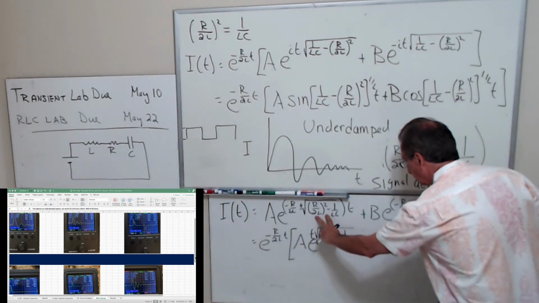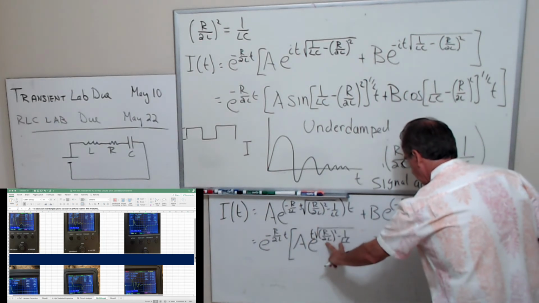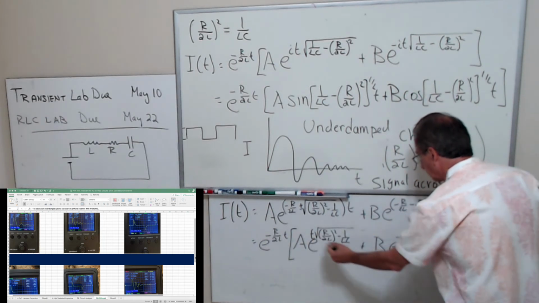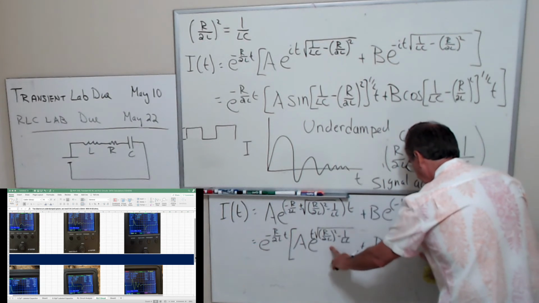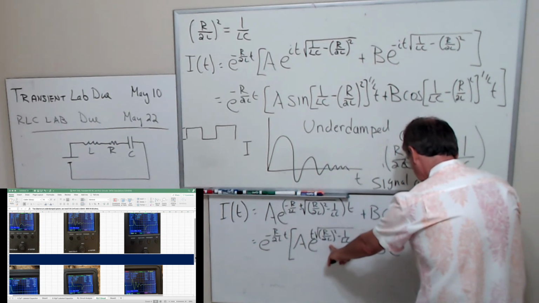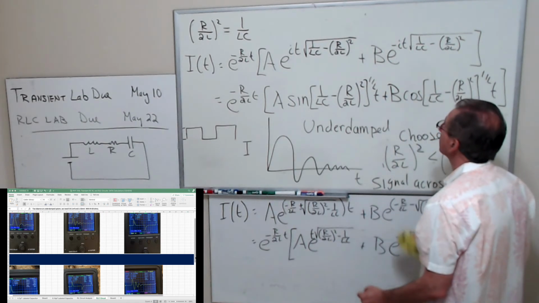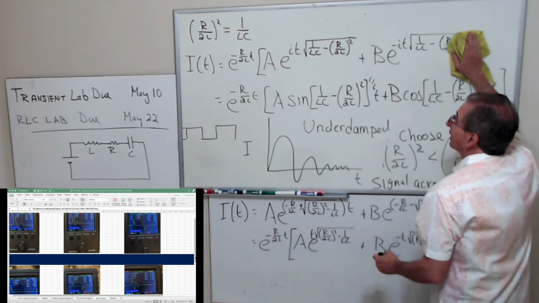What happens if these 2 are equal? Just simple exponential. Yeah, in fact you get the same thing, right? Because the square root is what? 0.